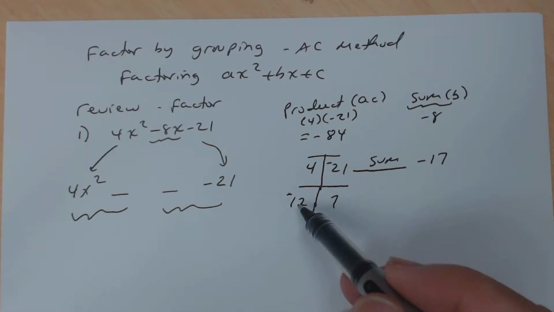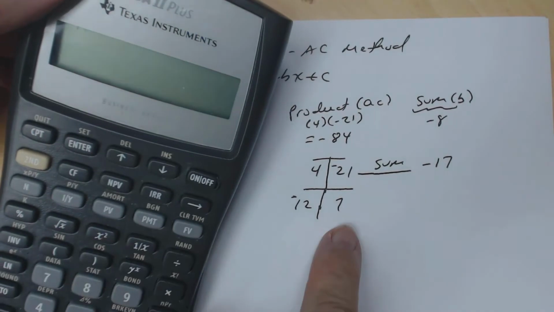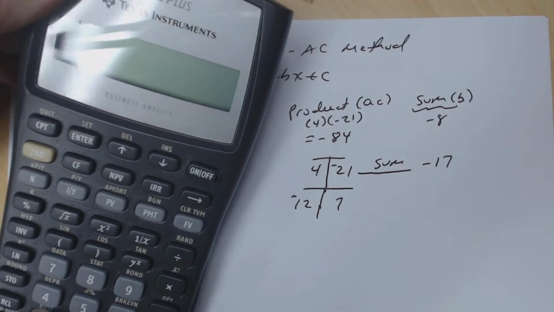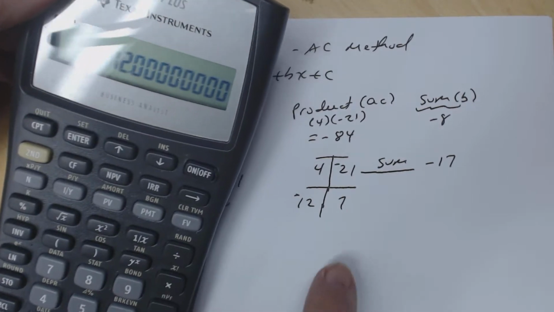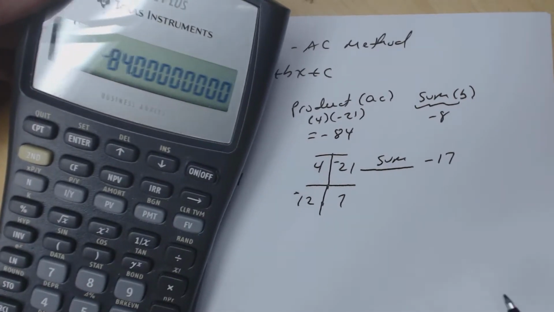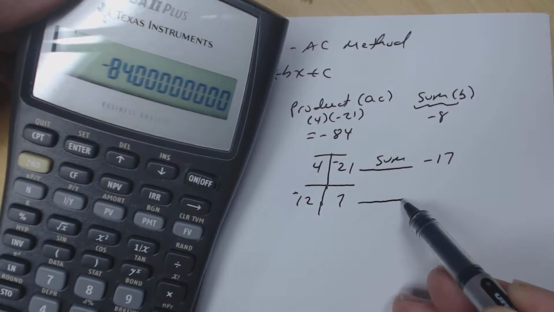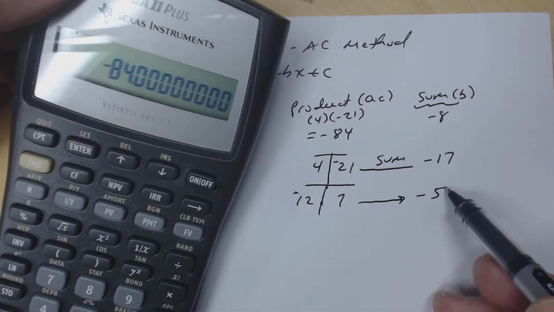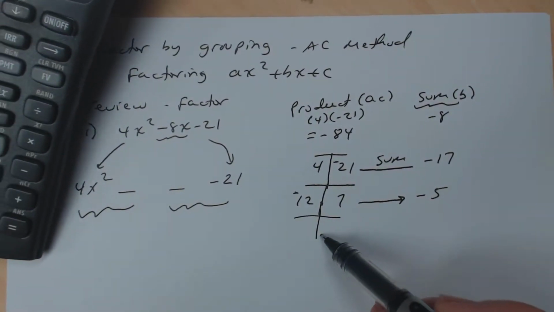Negative 12 times 7 does give negative 84. But when I add them up, I get negative 5, and I need negative 8. So you just keep on trying until you find the one that works.